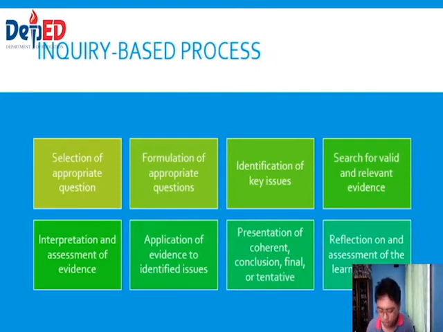I'm not generalizing this one, but these are the possible outcomes you can get if you study overworked students. And that is the second to the last part of the inquiry-based process.